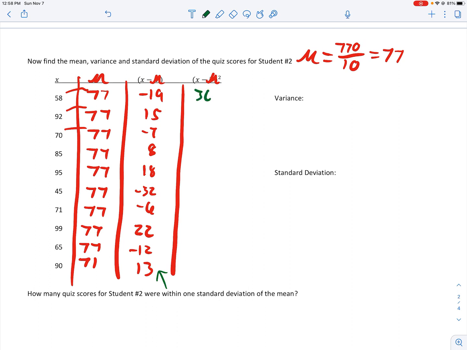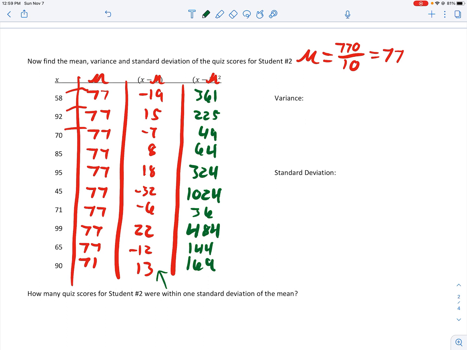So this is 361, 225, 49, 64, 324, 1024, 36, 484, 144, 169. And again, notice all 10 of those green numbers are positive. Those numbers should always be positive because you're squaring numbers. Any number you square will always be positive.